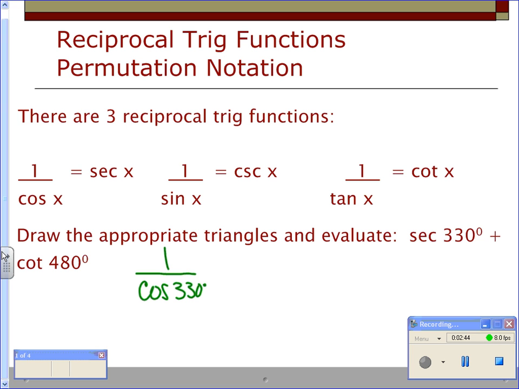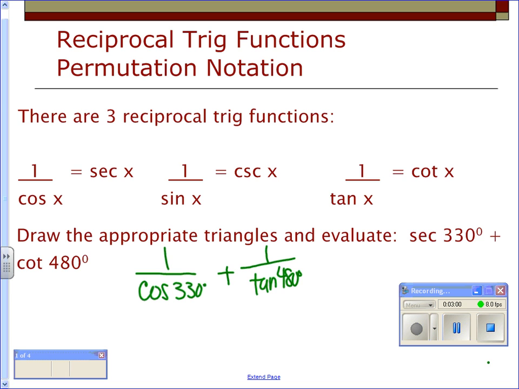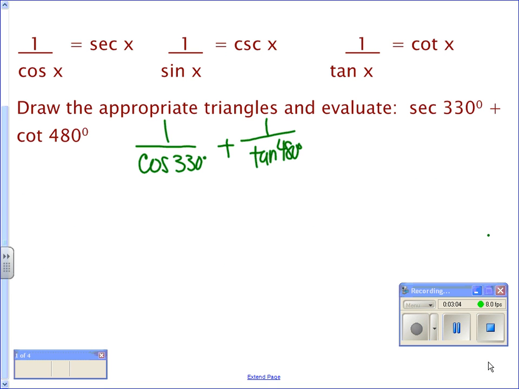Does that make sense? Cotangent is what? 1 over tangent of 480 degrees. Y'all see how those work so far?